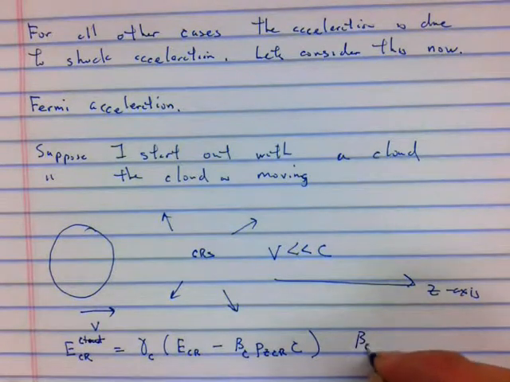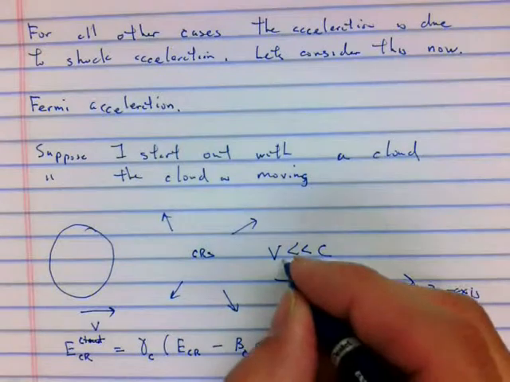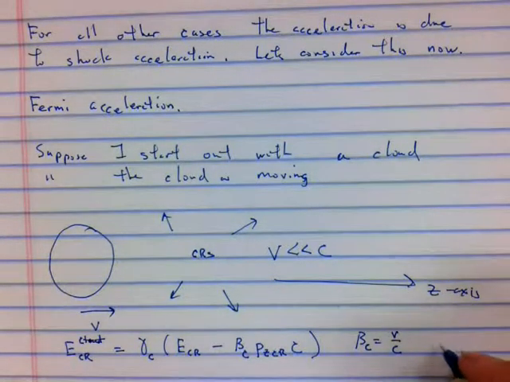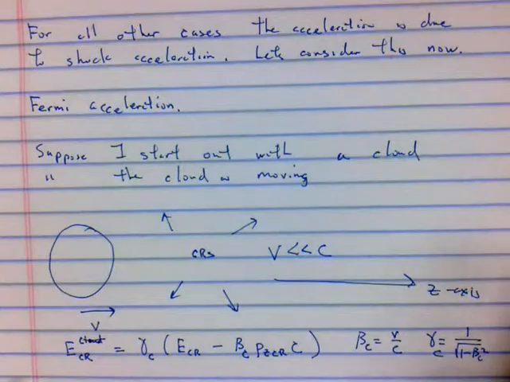Where beta of the cloud is equal to v over c, and gamma of the cloud is just going to be 1 over the square root of 1 minus beta of the cloud squared. So that is the energy of that cloud.